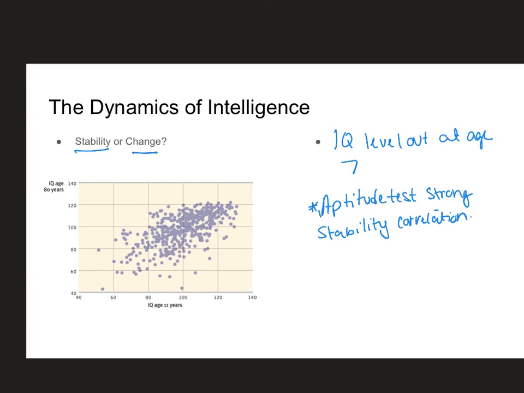Meaning, as you age, so the older you get, our IQ score essentially stays the same. Now, that doesn't mean that you don't learn anything new. You learn lots of new information. It just means that your IQ, your intelligence processing, has stabilized and leveled out.